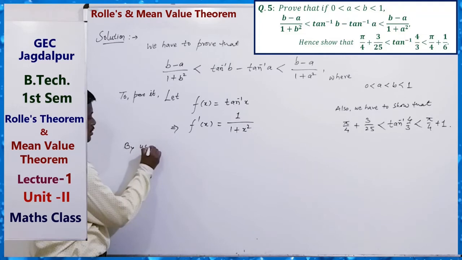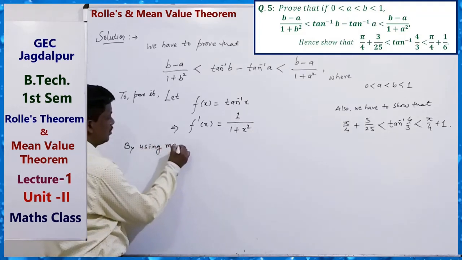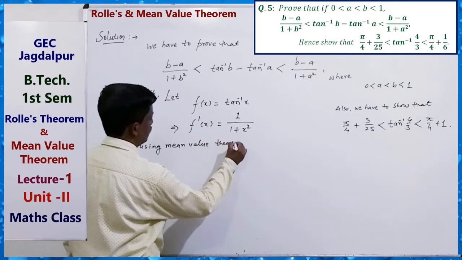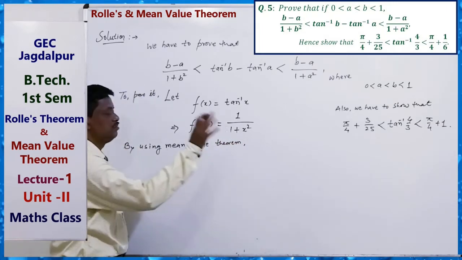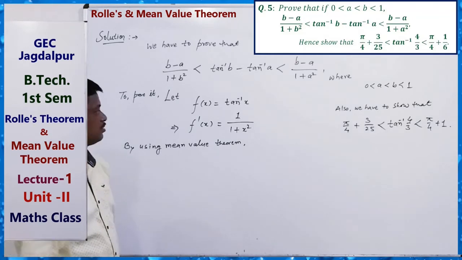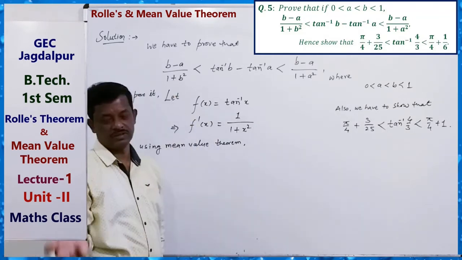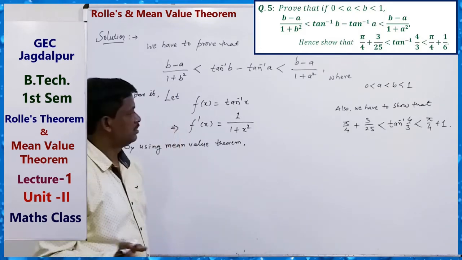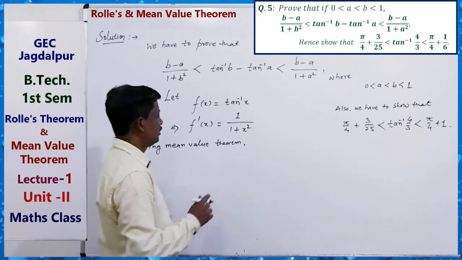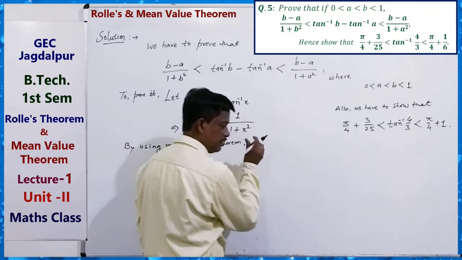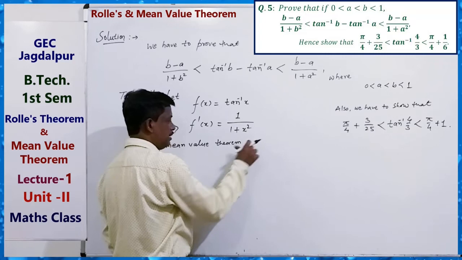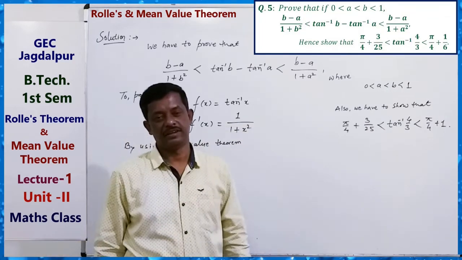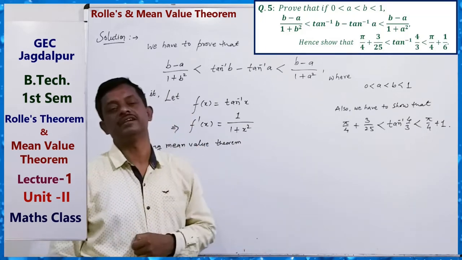So by using the mean value theorem, because this is continuous and differentiable, we can use the mean value theorem for this function. Here a less than b, and [a, b] may be the interval.